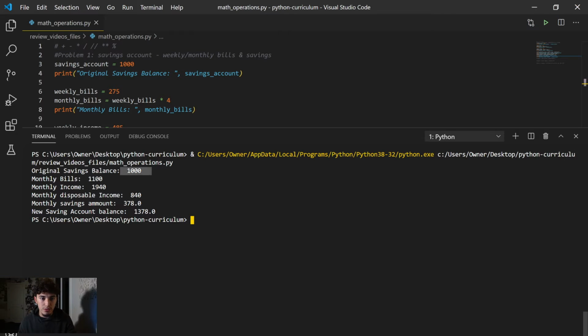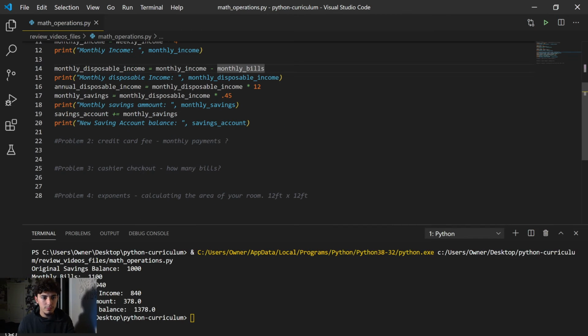Our original savings is $1,000 in our savings account. Our monthly savings is 378, and look at that. Our new savings balance is just our original 1,000 added to our monthly savings, which is 1378. Cool. I believe that's it for that one.